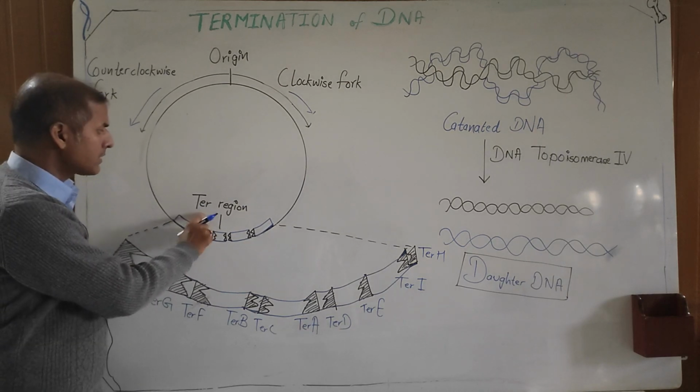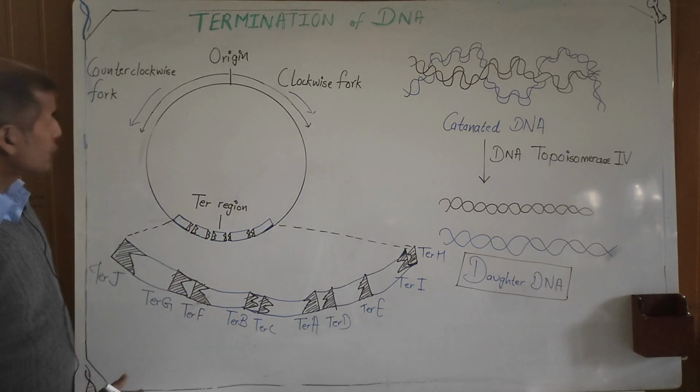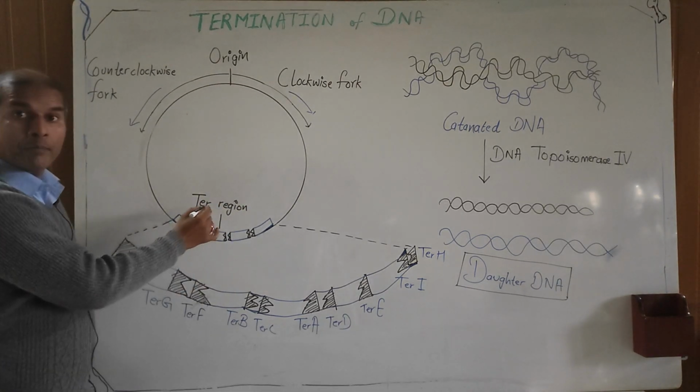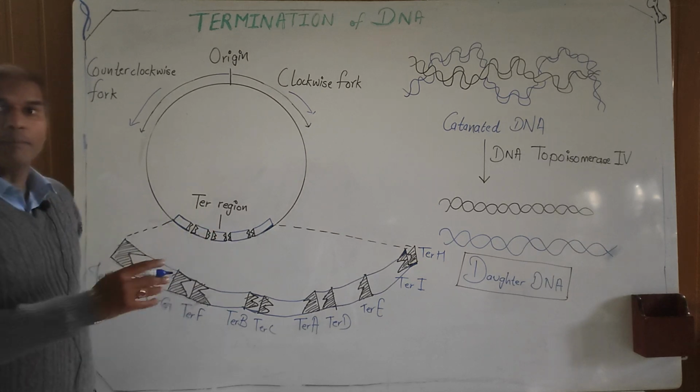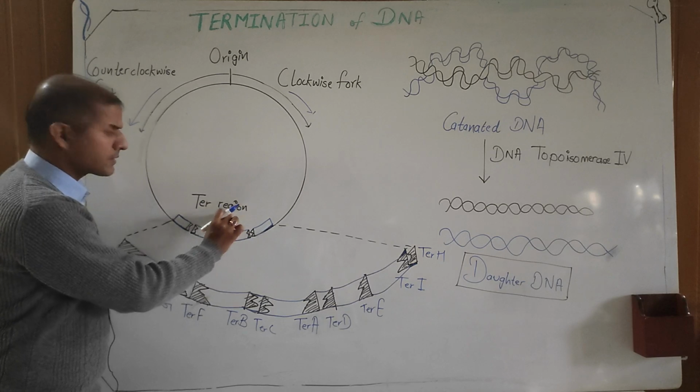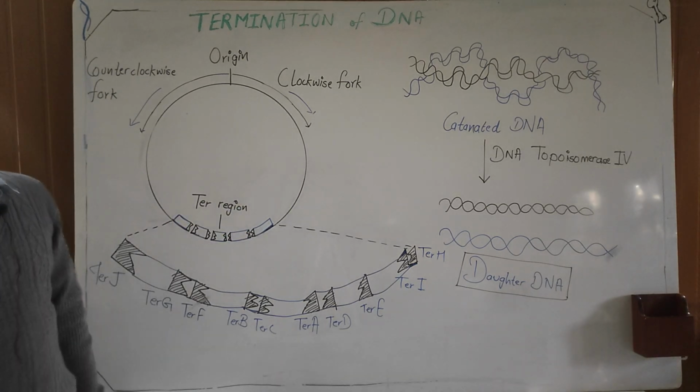TER stands for termination. At the region opposite the origin of replication in prokaryotic DNA, there is a special type of sequence that is called TER sequence.